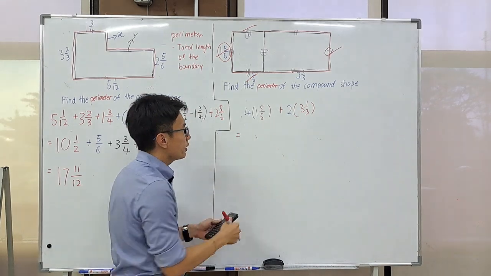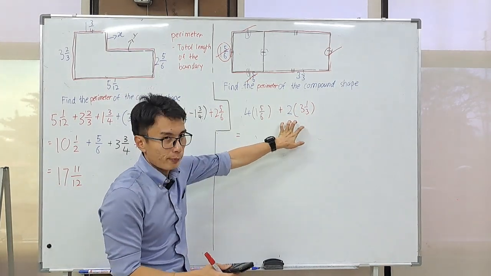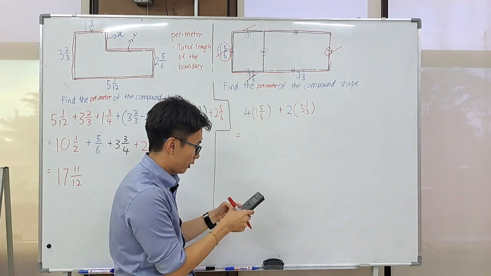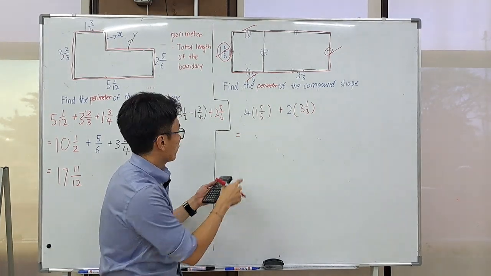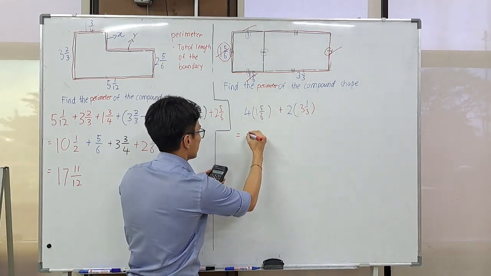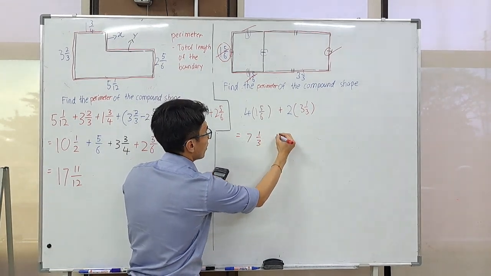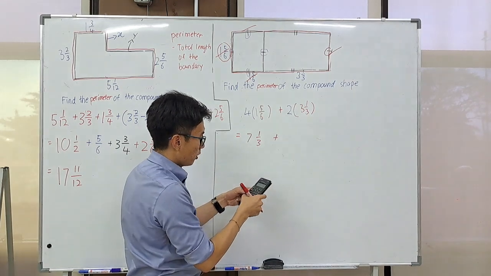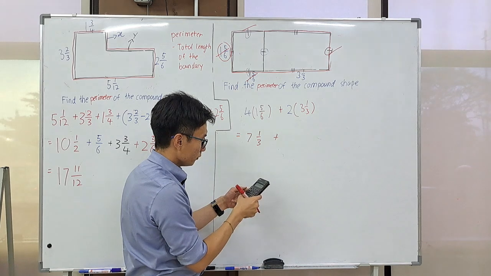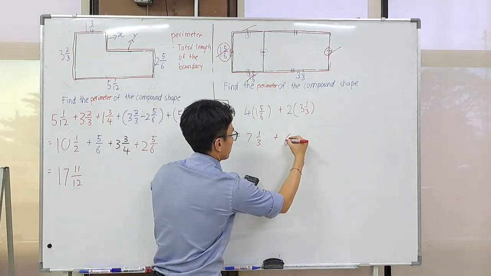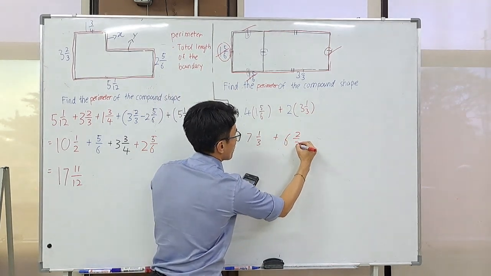So again, I'm going to do this step by step. I'm going to expand this first and expand this, alright? I'm just going to put this in my calculator. Right, the first one, I will get 7, 1 over 3, plus this one, I will get 6, 2 over 3.